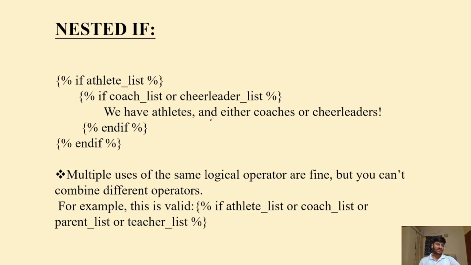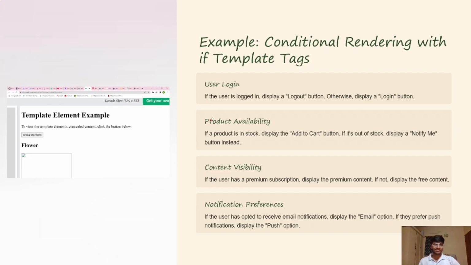So here you see that it is closed with endif. Then multiple uses of the same logical operator are fine, but you can't combine different operators. Like this is valid: within percentage, you have if athlete list or coach list or parent list or teacher list.